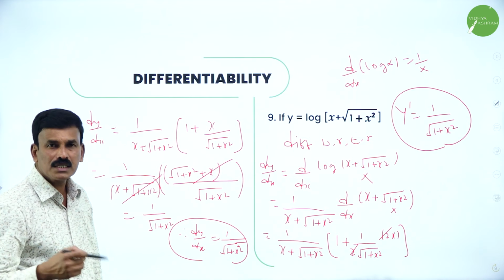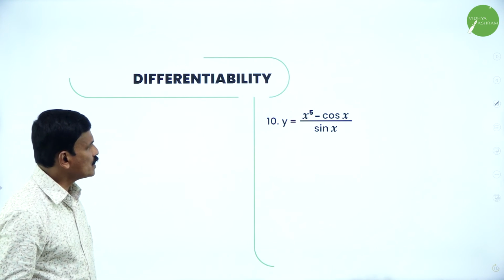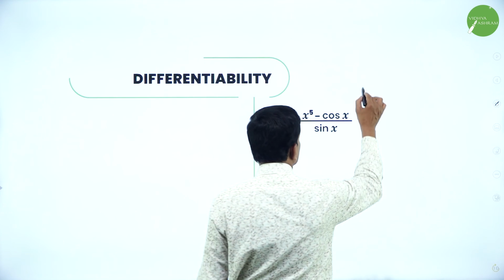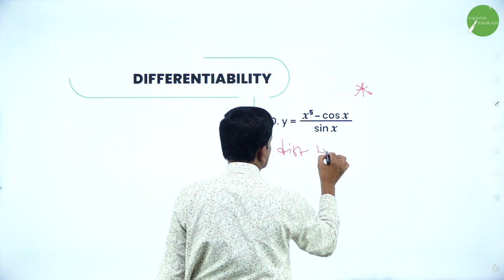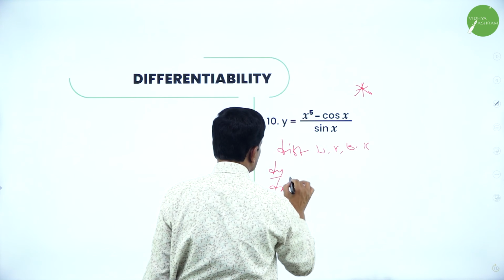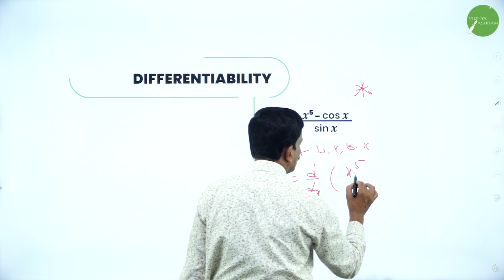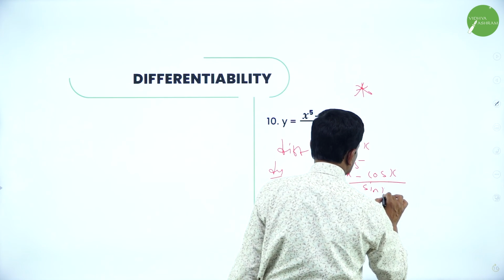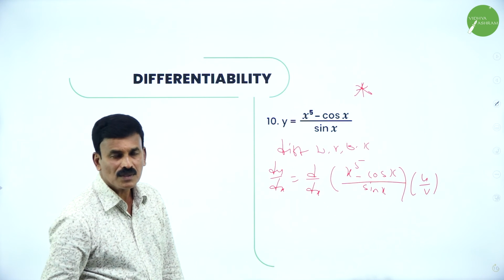Okay. Now, let us come to the last problem in this session. So, y is equal to x to the power of 5 minus cos x divided by sin x. This is also an important problem indeed. Now, here, differentiating with respect to x, dy by dx is equal to d by dx of x to the power of 5 minus cos x divided by sin x. Now, if you observe carefully, this is of the form u by v.